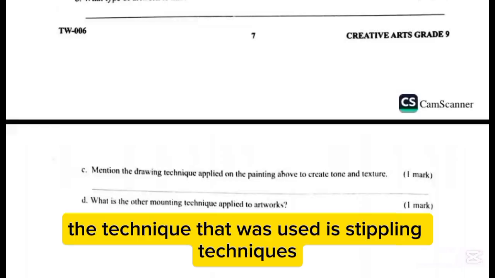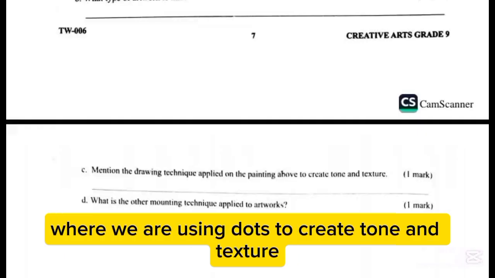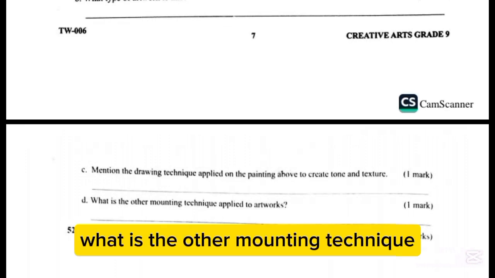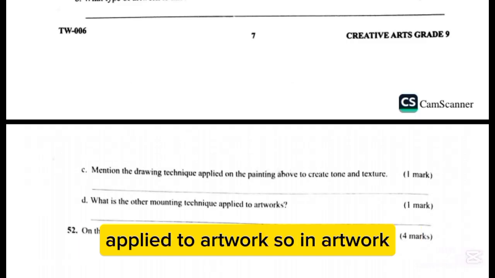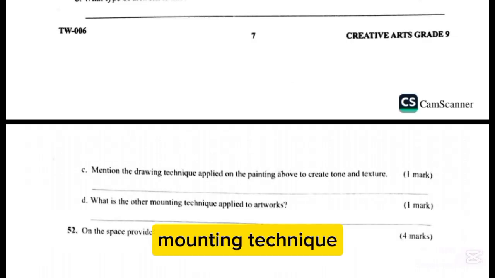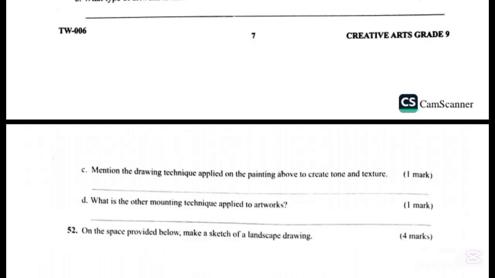But here, the technique that was used is stippling, where we use dots to create tone and texture. Part D, what is the other mounting technique applied to artwork? In artwork, we have the window mounting technique and the mat mounting technique.